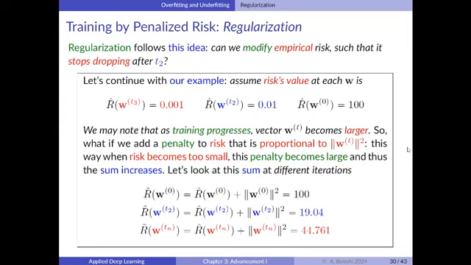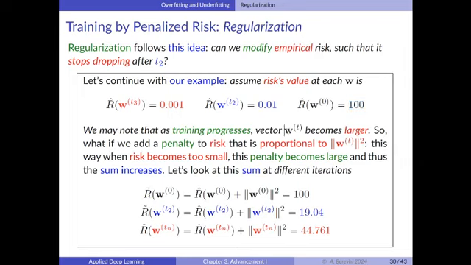For example, consider the current situation where the empirical risk at time 3 is 0.001, at time 2 it is 0.01, and at time 0, at the start, it is 100.